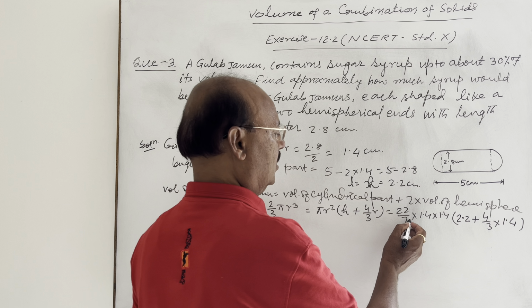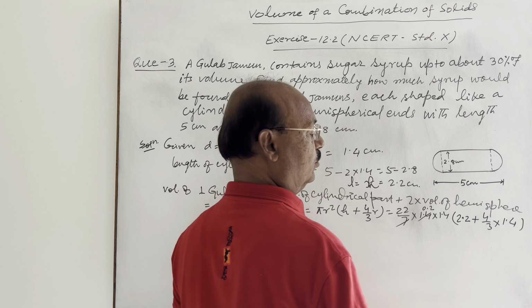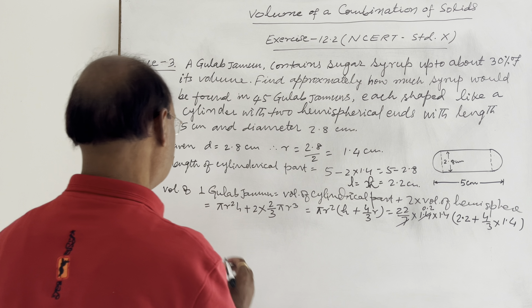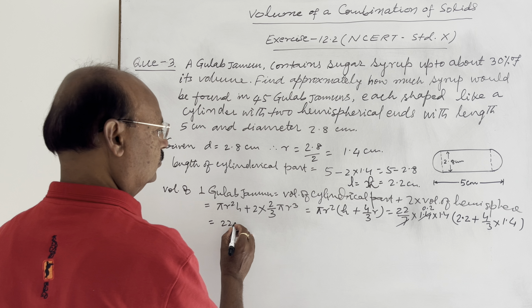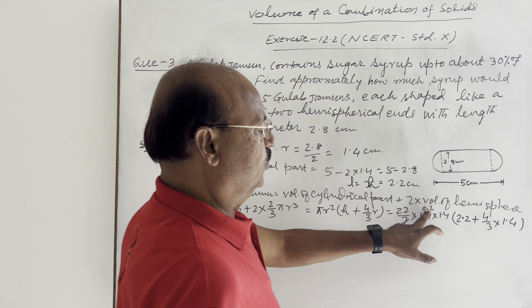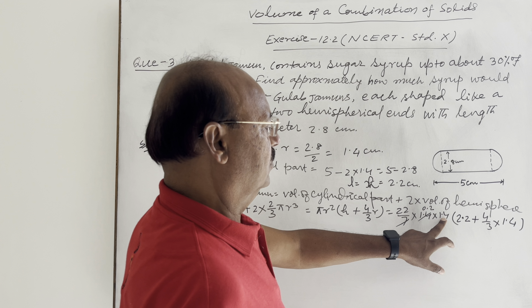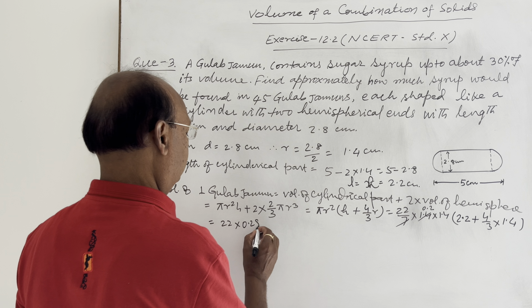This will be cancelled out. 0.2, 7 2s are 14. And this is equal to 22 into 0.2 into 1.4, which is equal to 0.28.